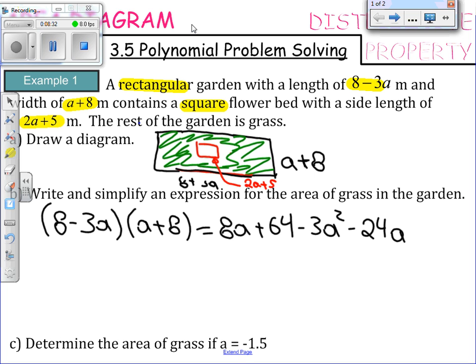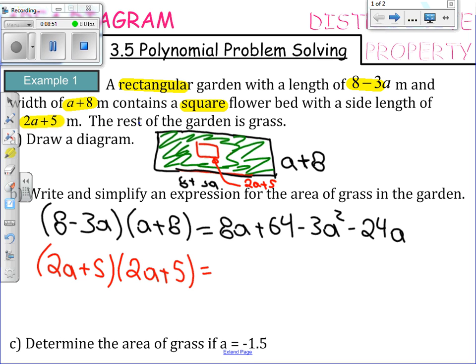Ella, you had it right. You multiply the two sides, right? So you go 2a plus 5 times 2a plus 5. You do FOIL, that's going to give you 4a squared. The inside and the outside is going to give you 10a.